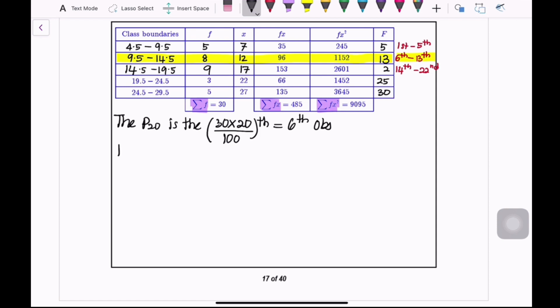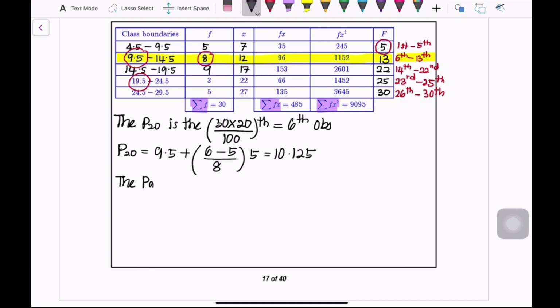By using the formula, P20 is equal to the lower boundary for the class of P20, which is 9.5, plus n times k over 100, which is equal to 6, minus the cumulative frequency before class P20, which is 5, over the frequency for the class of P20, which is 8, times c, which is equal to 5. So P20 is 10.125.